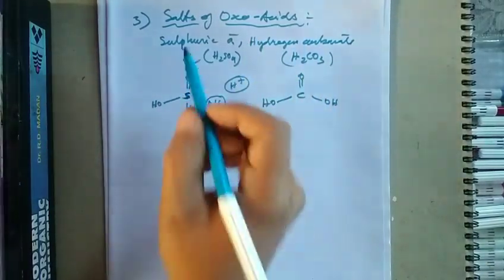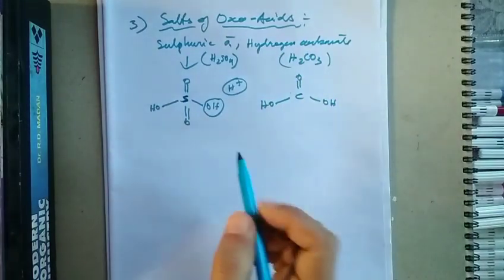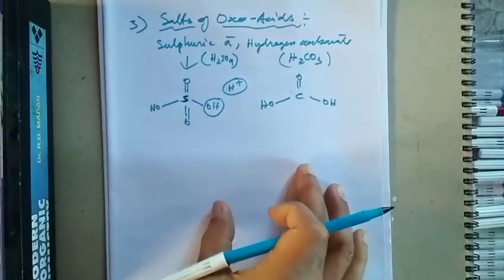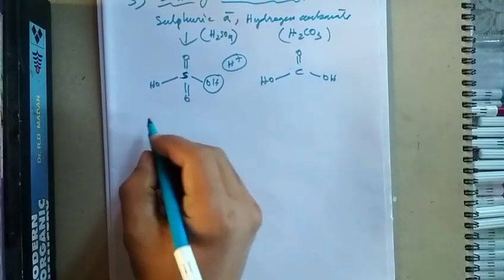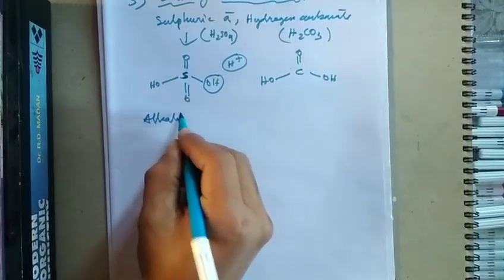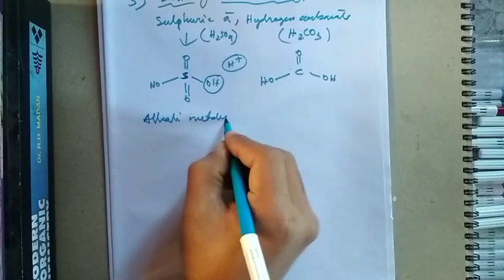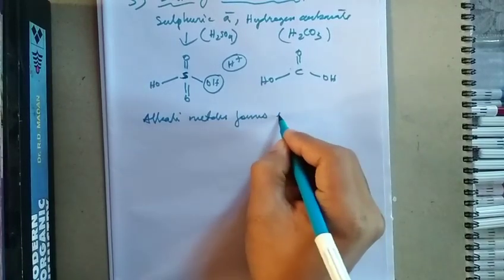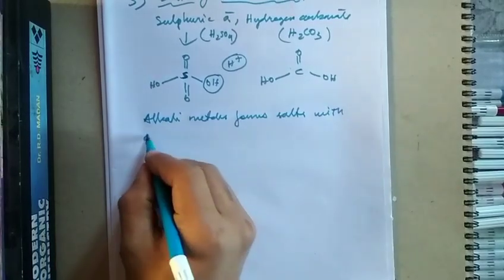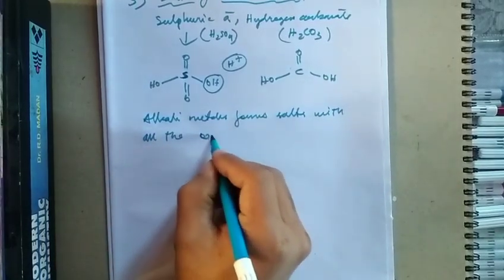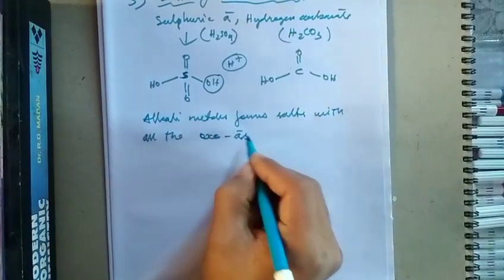Now, salts of oxoacids. We are discussing in terms of alkali metals. Alkali metals form salts with all the oxoacids. I'm writing in short form.